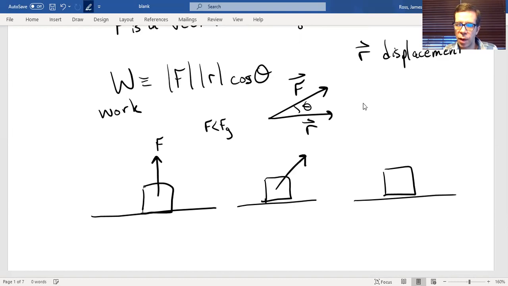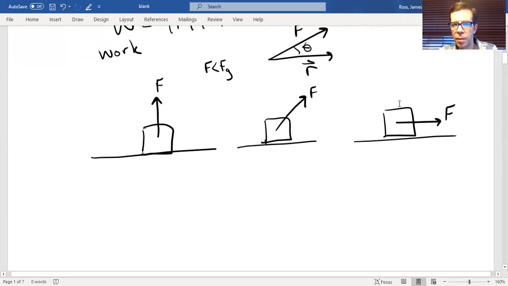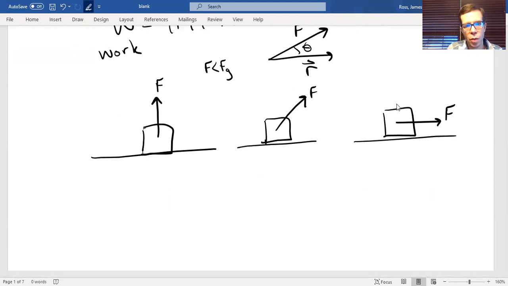But what if I pull at some angle? Right? If the force is large enough to overcome the static friction, it will accelerate. And if I pull at some other angle, if the force is greater than the static friction, it will accelerate. And the question that we ask is, what force is most effective at moving it? Right?